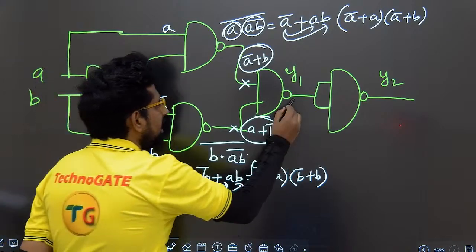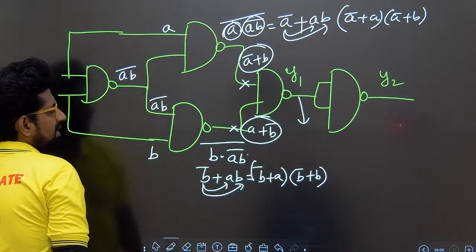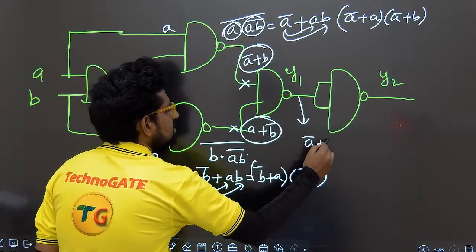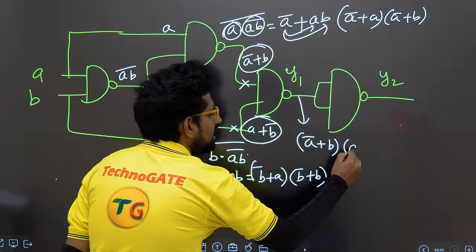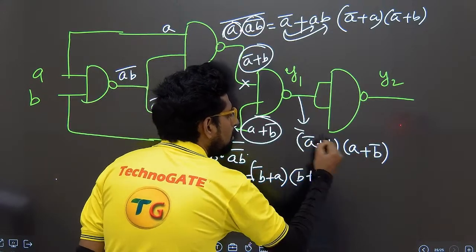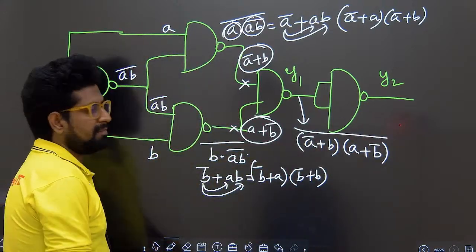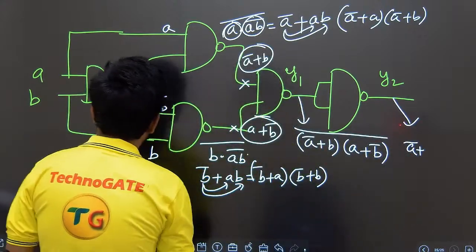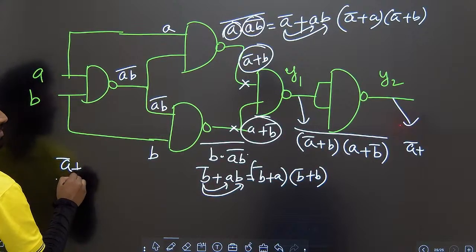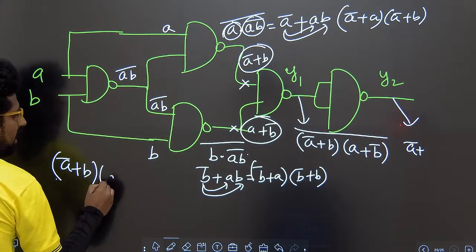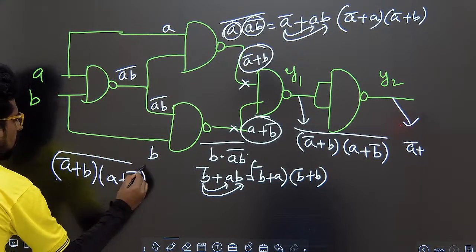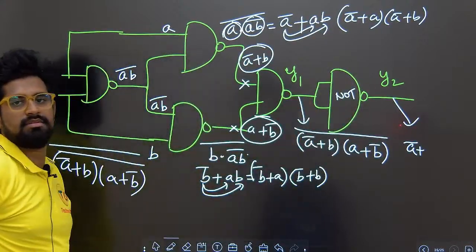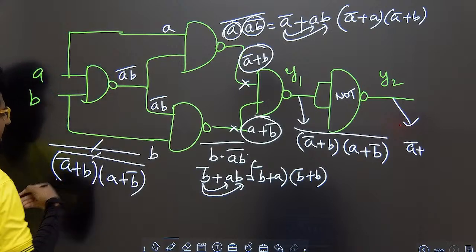Both are given to NAND. What is the thing appearing here? You can observe here, A bar plus B into A plus B bar whole bar. Coming to here, A bar plus B. So let me write here, A bar plus B into A plus B bar whole bar, because it is a NOT gate, so the whole bar gets cancelled.